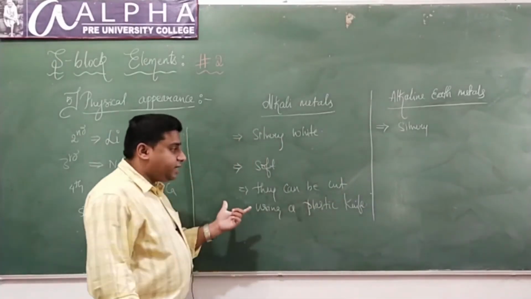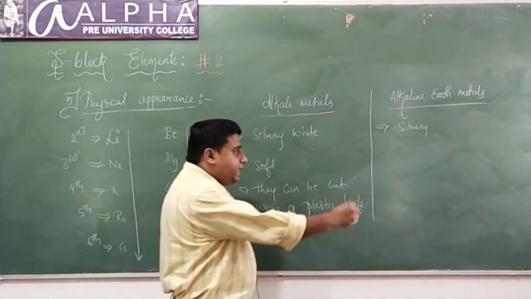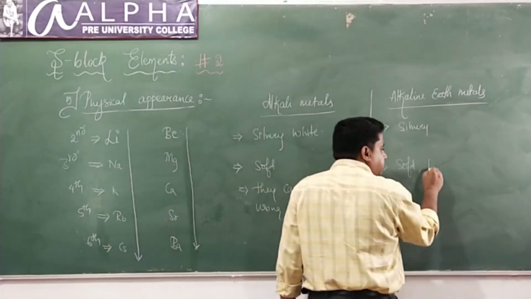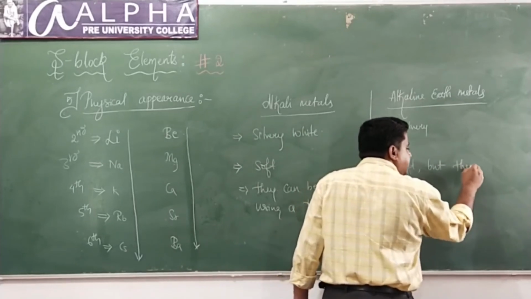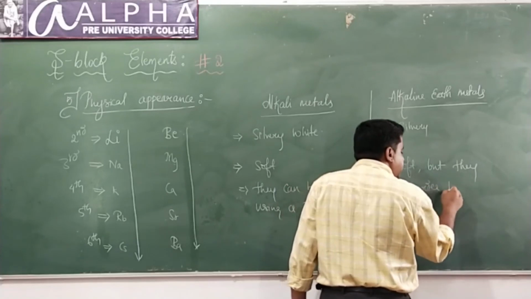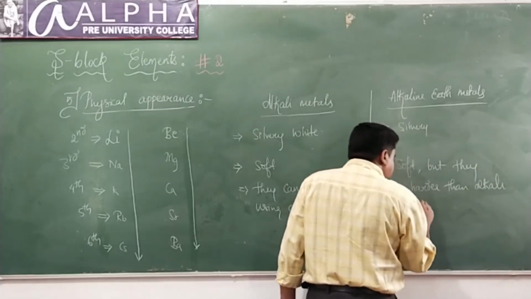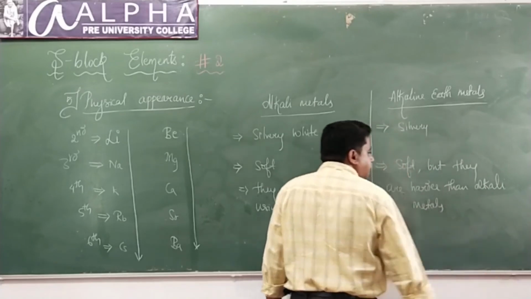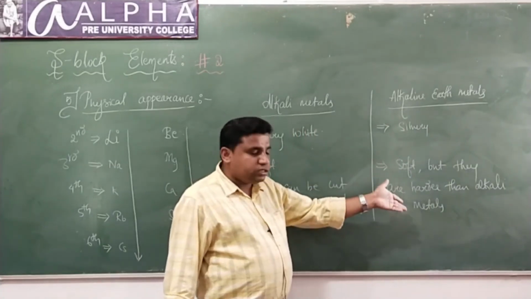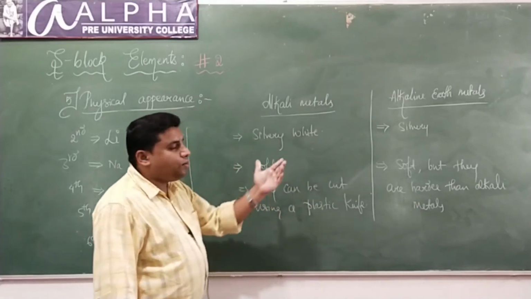Alkaline earth metals are also soft, but they are harder than alkali metals. That means they cannot be cut using a simple plastic knife. They need a sharp-edged tool to be cut. Got it? Clear? So that's about their physical appearance.